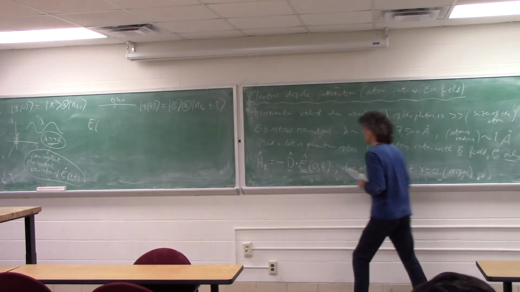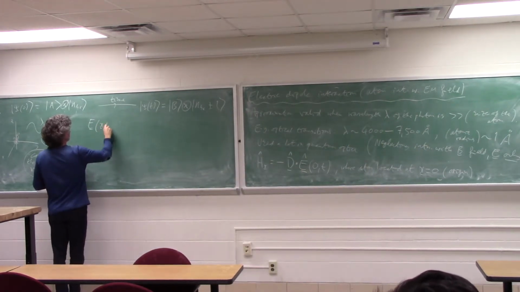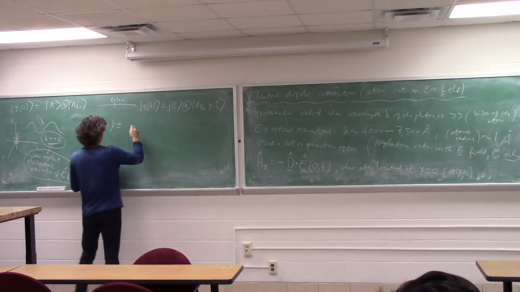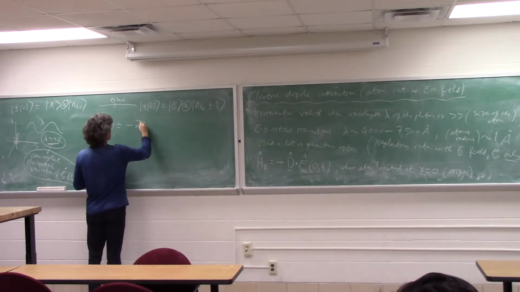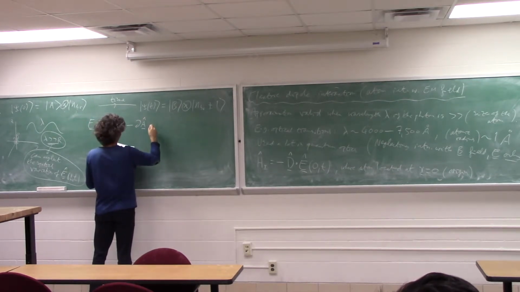I'm using X for vector positions. So the electric field operator is of course given by minus the time derivative of the vector potential operator.